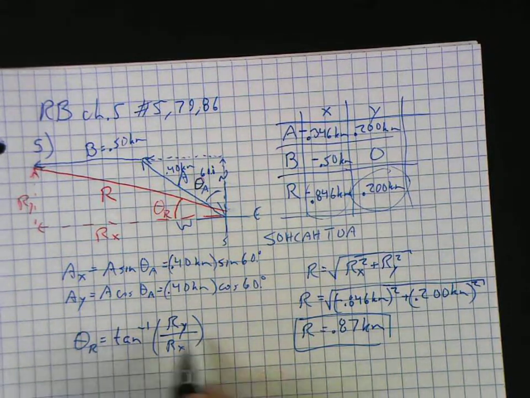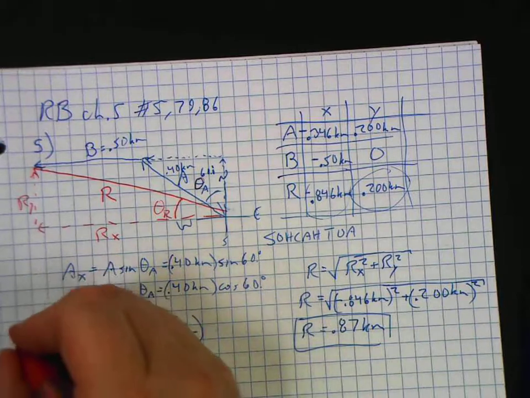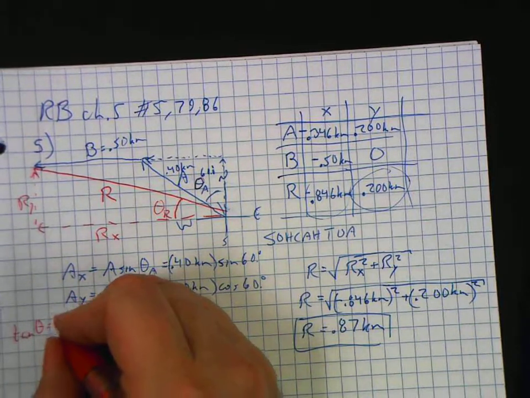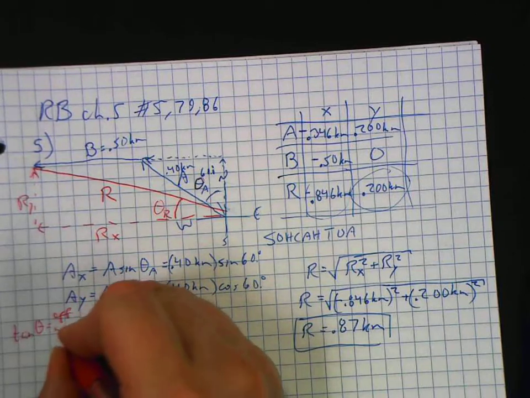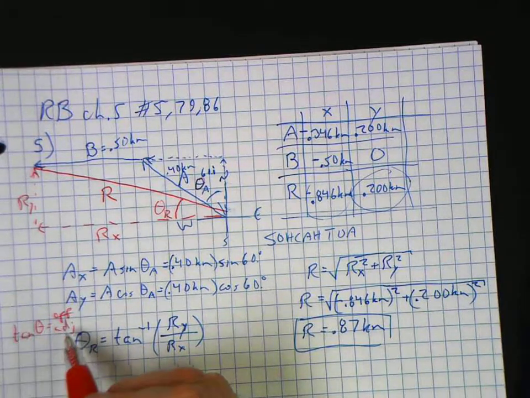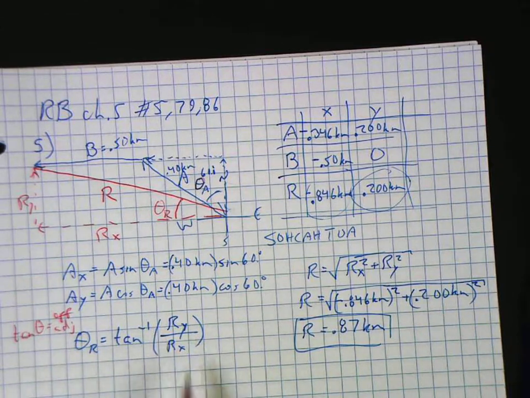Now remember, just as an aside here, the relationship is that tangent of theta is equal to the opposite side over the adjacent side. If I want to get the angle out, I have to take the inverse tangent. I have to undo the tangent function to both sides, and that's why I have the inverse tangent function of the r sub y over the r sub x.